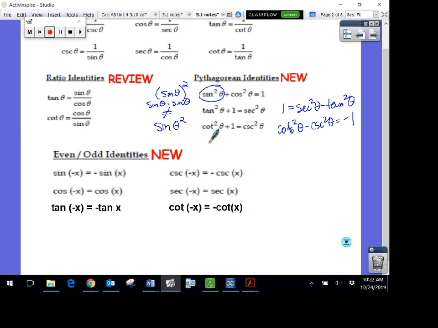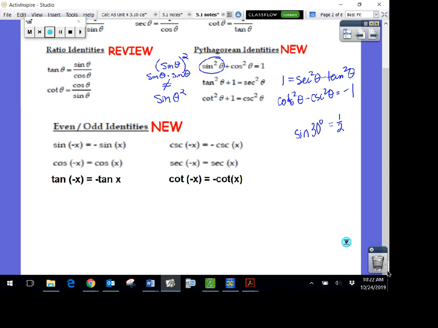And how you can kind of think about that, going back to unit 1 and 2, if I had sine of, let's say, 30 degrees. We know what that is, right? We go to 30 degrees, we look at the y value, that is equal to 1/2.